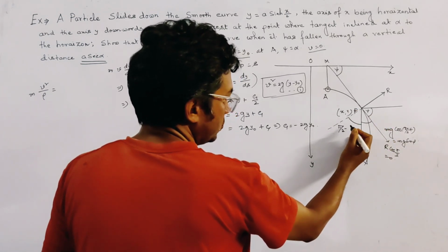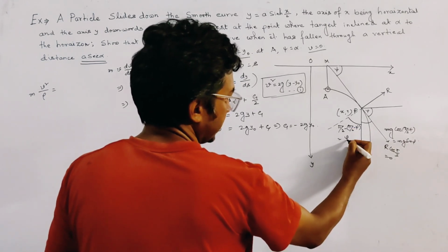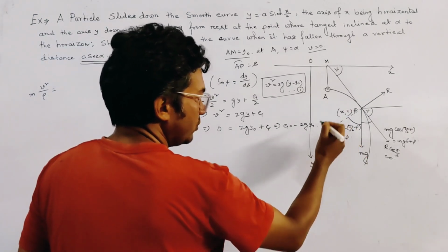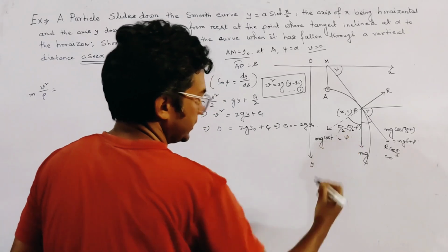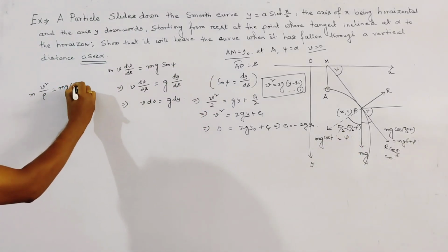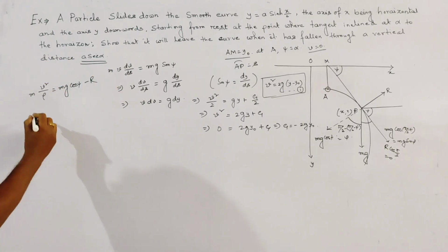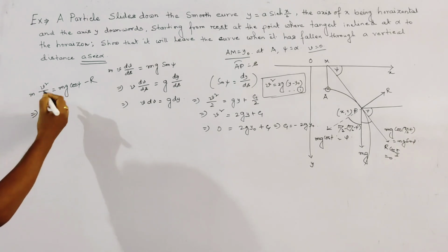So this is pi/2 minus (pi/2 minus psi), which is psi. So the component of mg along the inward normal is mg cos psi. So this is mg cos psi minus R, and we get m v squared by rho.